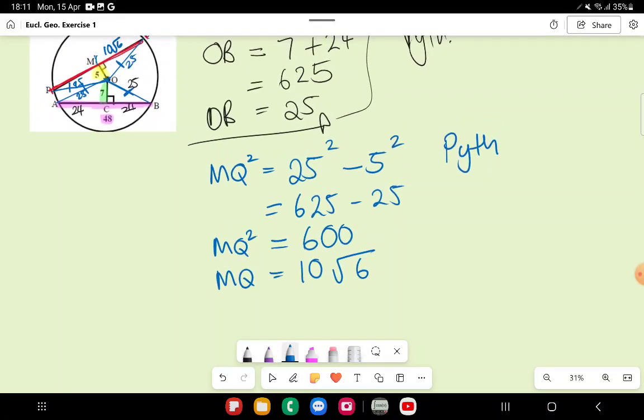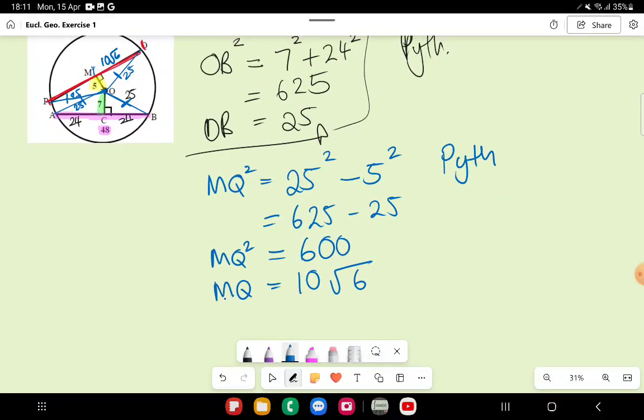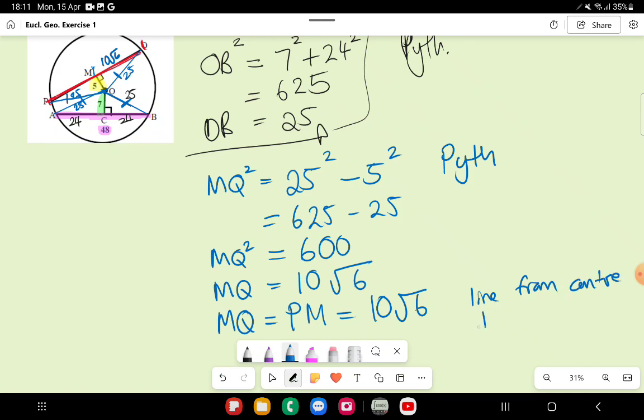Now we want to make a statement, and in our statement we want to say MQ is equal to PM, which is equal to 10 square root 6. Are we in agreement? And the reason for that is line from center is perpendicular to the chord.